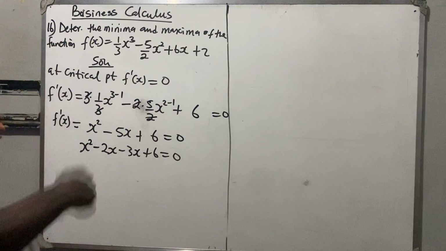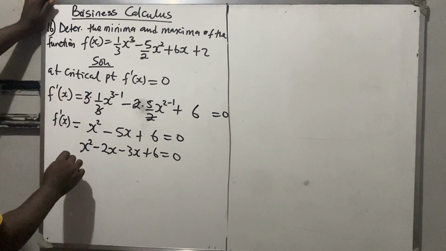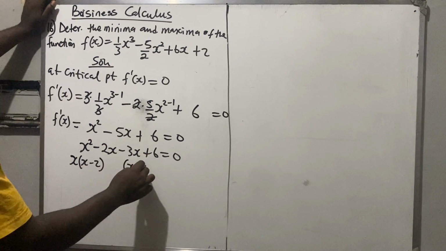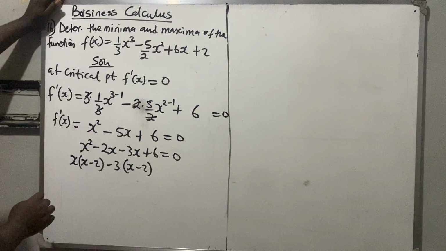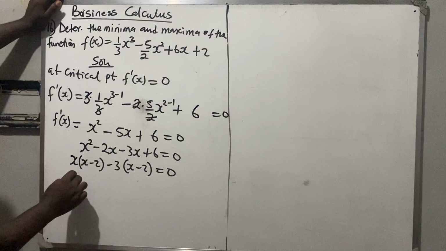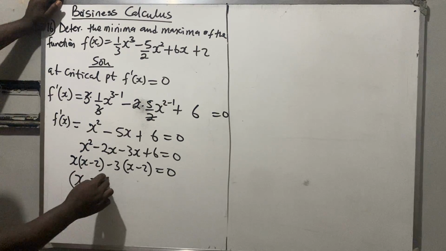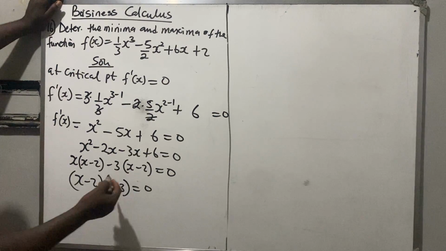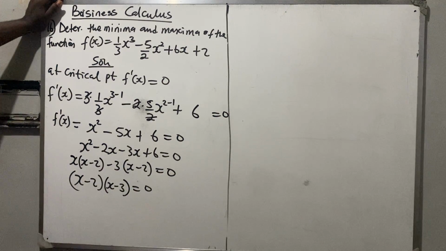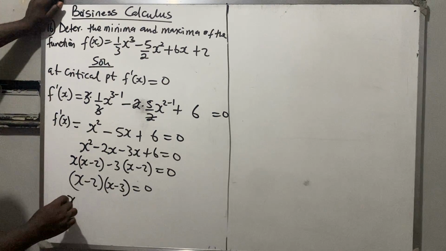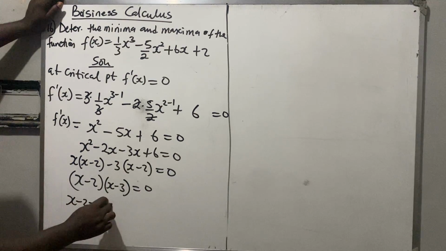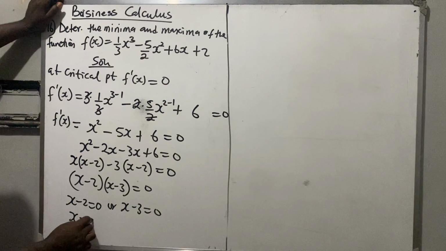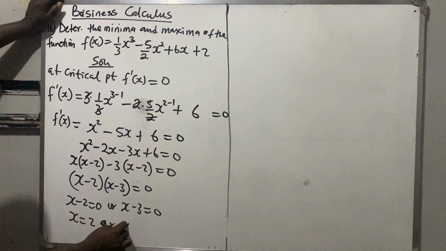So I factorize to have x into x minus 2, minus 3 outside, so x minus 2 and x minus 3 is equal to 0. When the product of two things is 0, one of them must be 0. So either x minus 2 is 0 or x minus 3 is 0. Finally, x is equal to 2 or x is equal to 3.